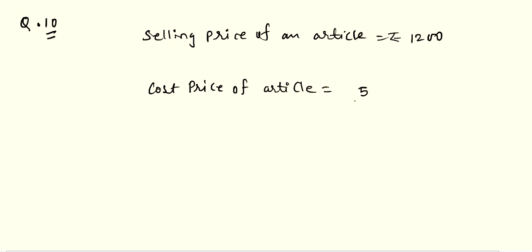So 5/4 into selling price: the cost price of the article is 5/4 times the selling price.